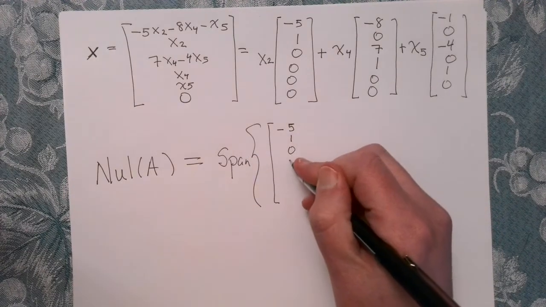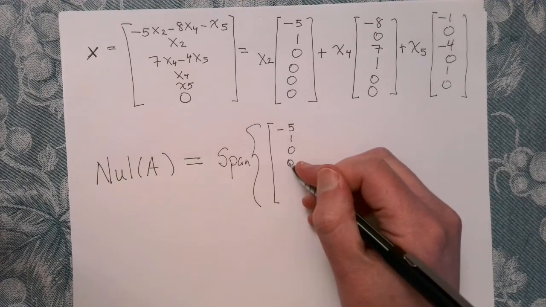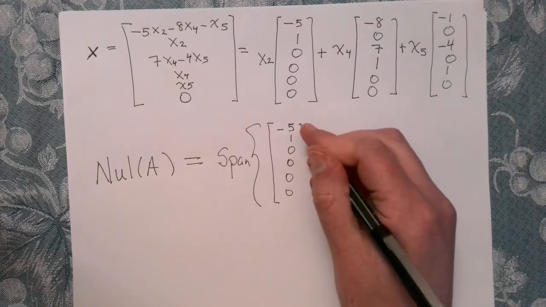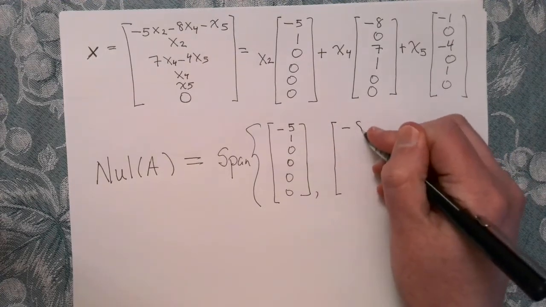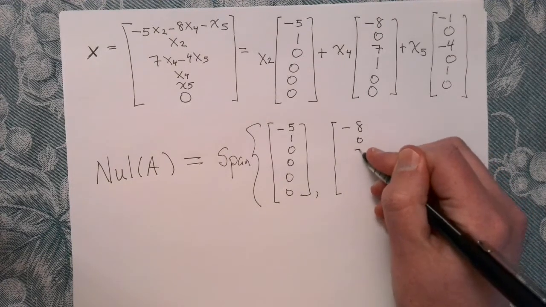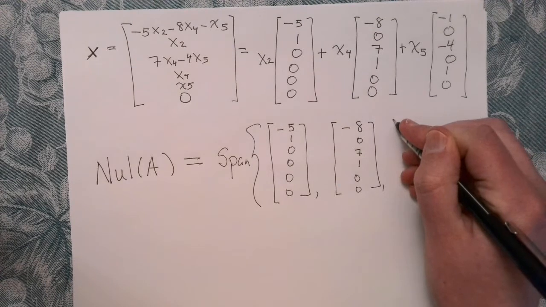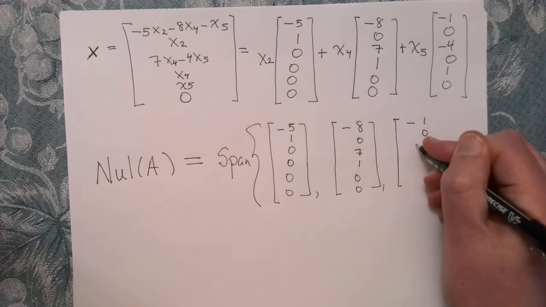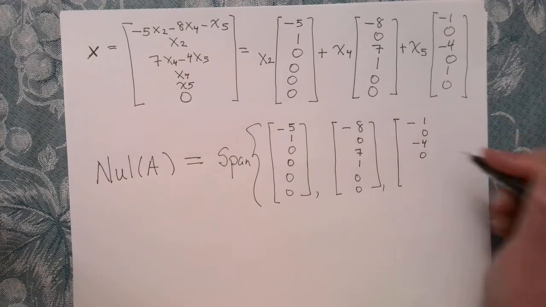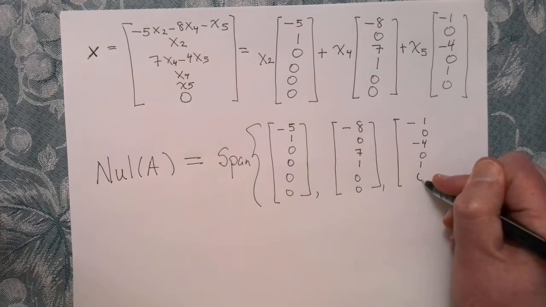Because the span of a set is the set of all linear combinations of those vectors. Okay, so all separated here. So if I take the span of these three vectors, that's the null space, or the collection of all vectors that the matrix will send to 0 vector.